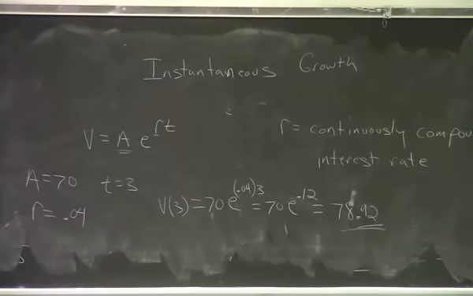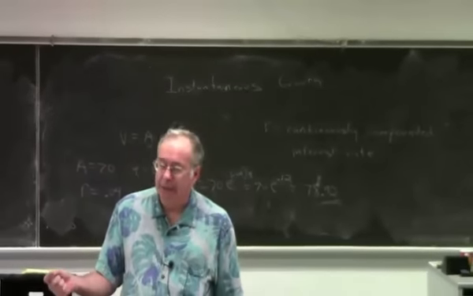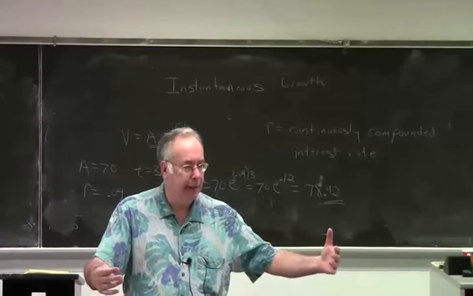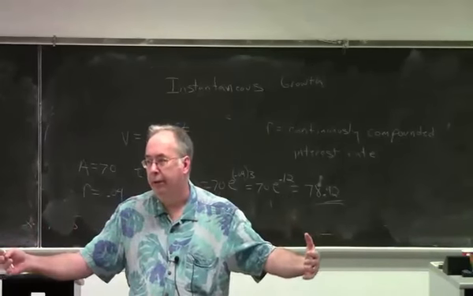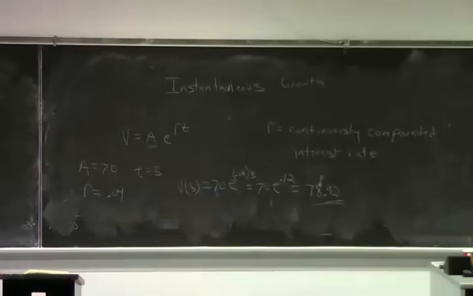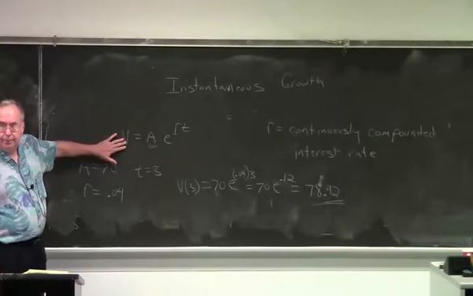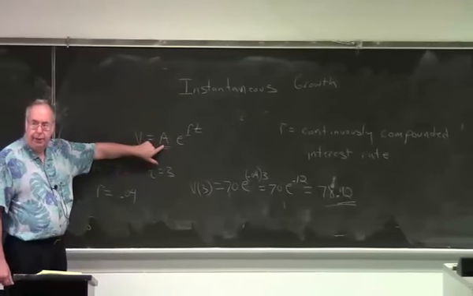By the way, this problem 3 on page 267 involves money invested at a continuously compounded interest rate. But these problems can obviously be expanded to other areas. For example, suppose this V represents population and A represents your present population.